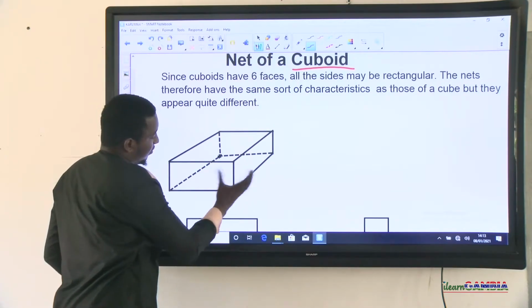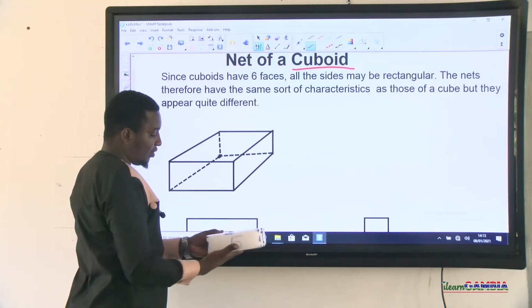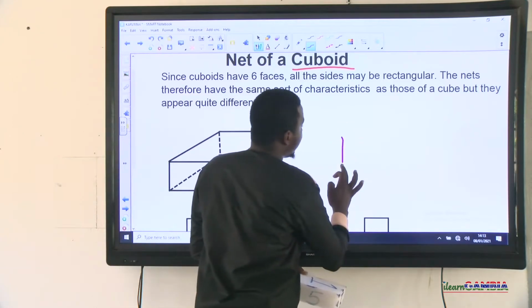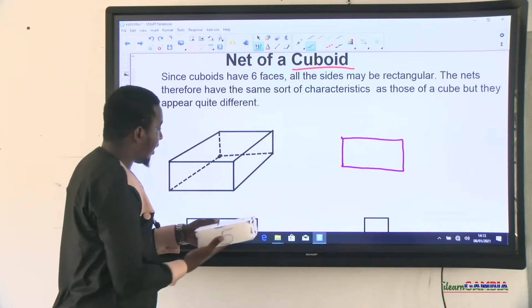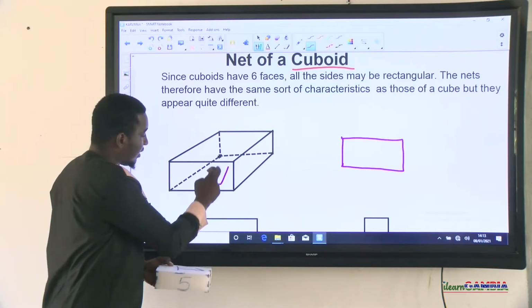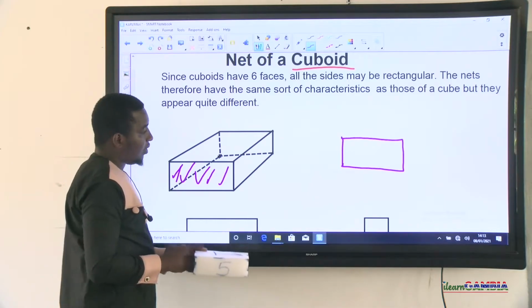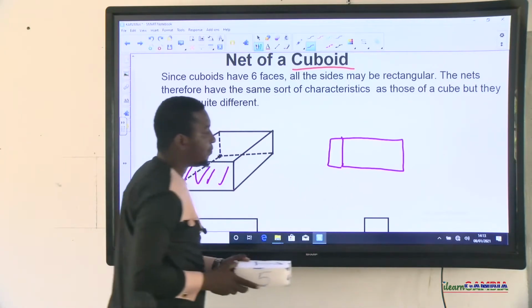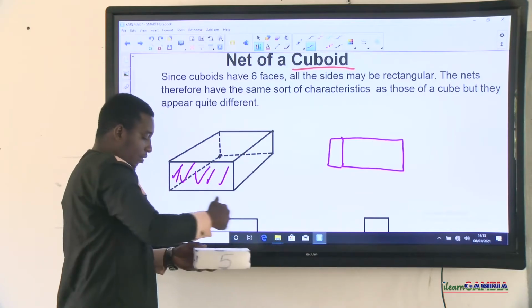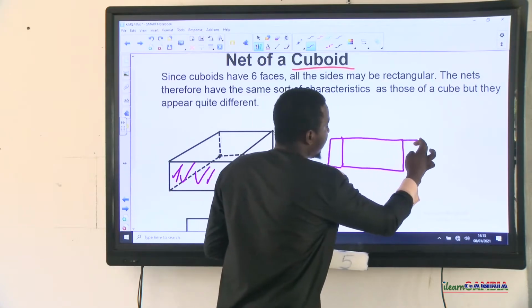The base of the cuboid, if I'm going to use this one, let's assume the base is here. This is the base, that is this side. Then this other side that is facing us is what we have here. Let's say we have that as this. And the other side, opposite to this one, which is on this side, is what we have here.